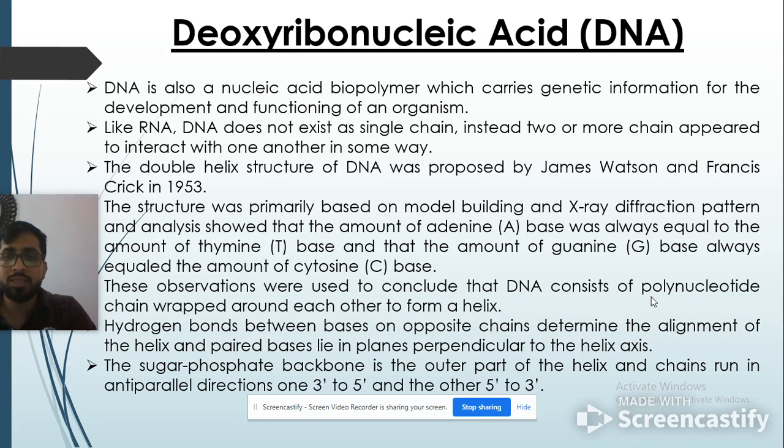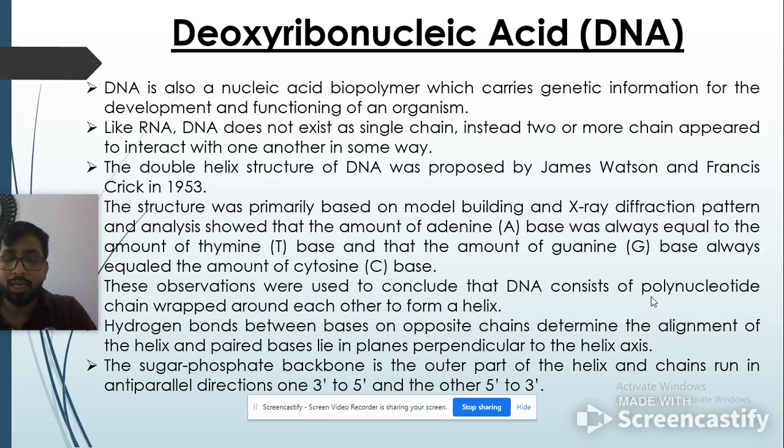The combination of this X-ray diffraction pattern analysis with the chemical modeling and their ideas showed that the amount of adenine base was always equal to the amount of thymine base, and the amount of guanine base was always equal to the amount of cytosine base.